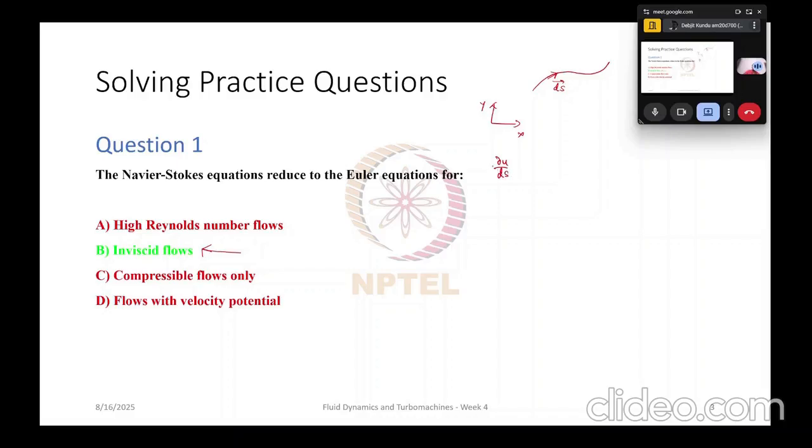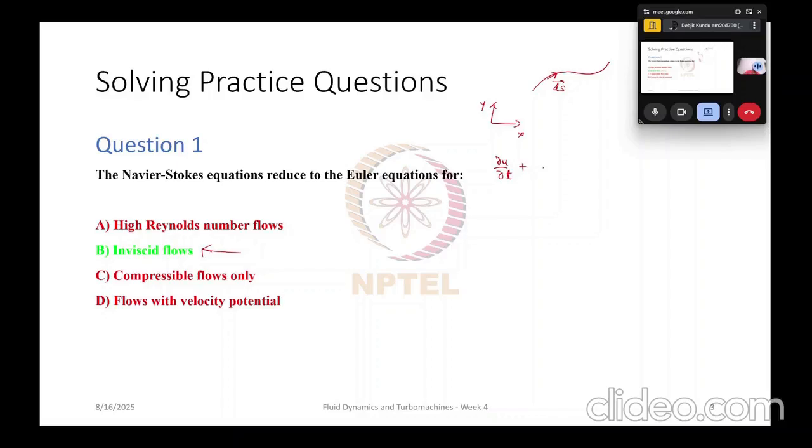So instead of x or y, it becomes del s. First one is del u by del t, that's the temporal term.